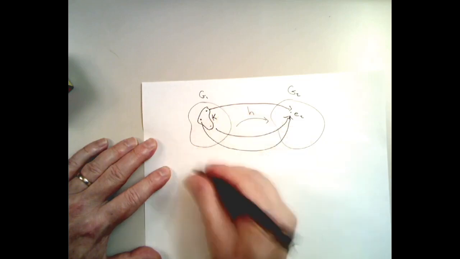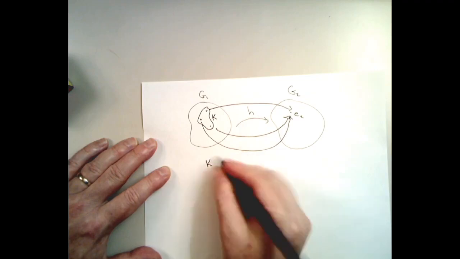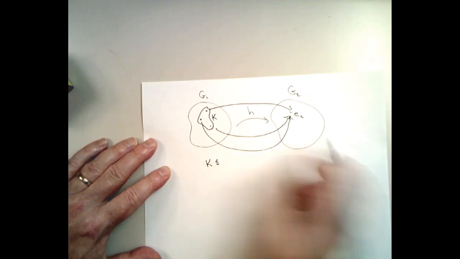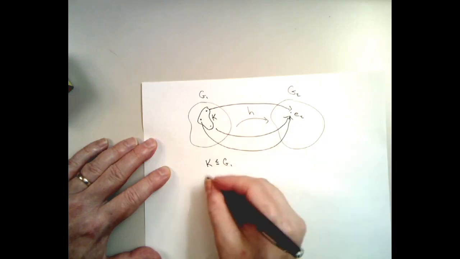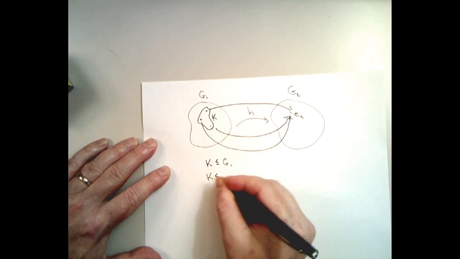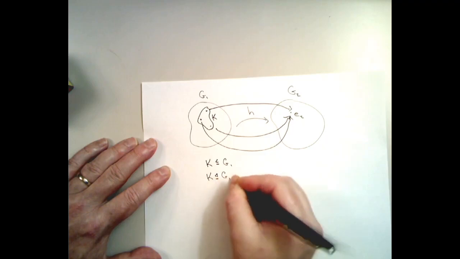I'm going to call it K. So the first thing we'd want to show is that K is in fact a subgroup of G1. And then once we know it's a subgroup, we'll show that it is in fact a normal subgroup of G1.